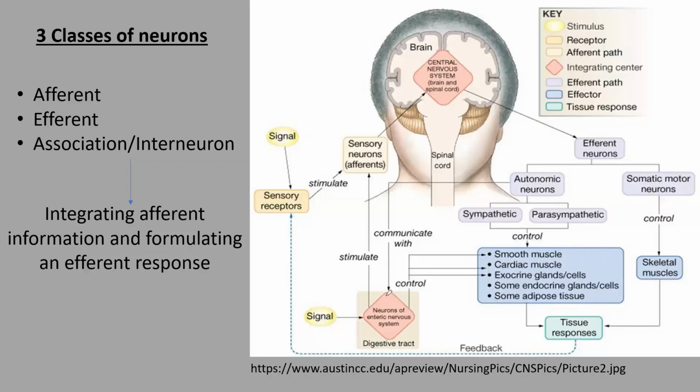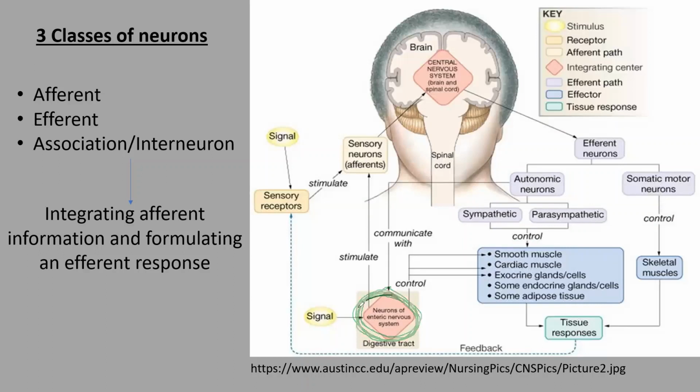In the autonomic nervous system or the enteric nervous system, the integration also takes place. The neurons of the enteric nervous system can regulate independently, without the intervention of the CNS.